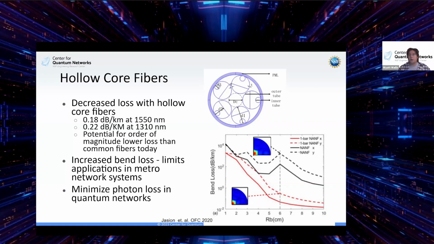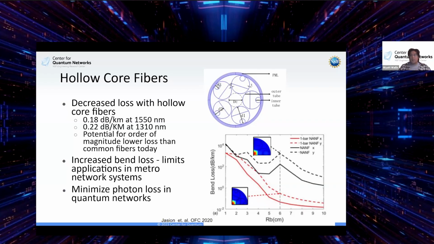If you're trying to preserve, let's say, a pump and you're trying to not have nonlinear things happen, this would be a good candidate, because there's less interaction between the light and the material. So less nonlinearities, but also less loss. Now, down there at the bottom, the big problem is that there's more bend loss.